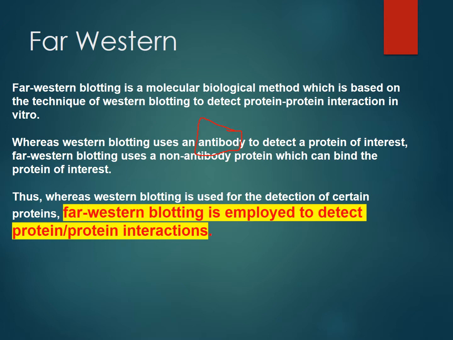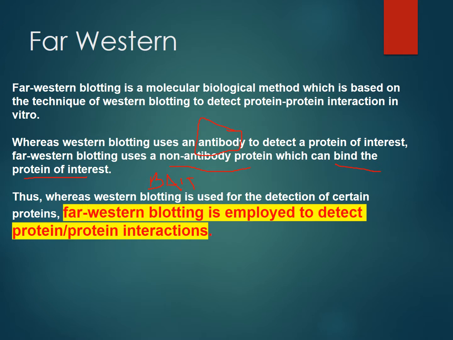The far Western will use a non-antibody protein, which can bind the protein of interest. So this could be the bait protein, the bait, and we could be testing various amounts of prey proteins in this technique. So Western blot is an antibody used to detect certain proteins.